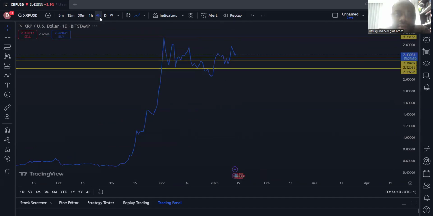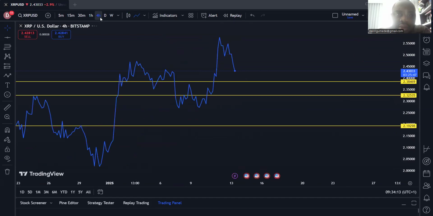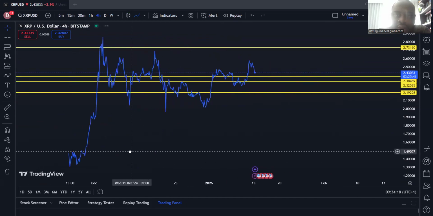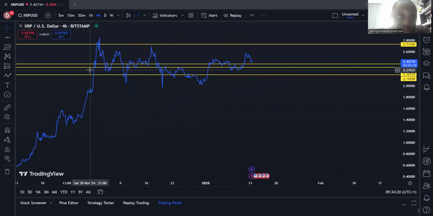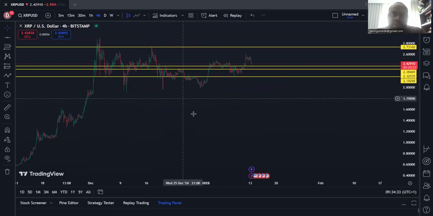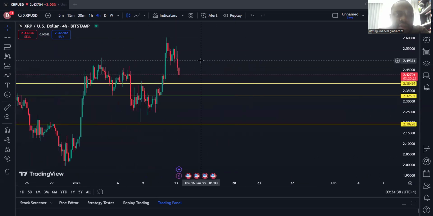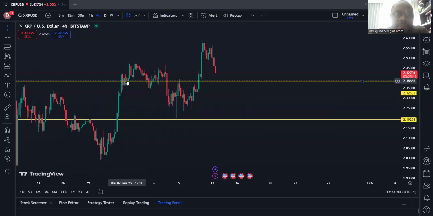Zooming onto 4 hours. I don't think we need to do too much analysis on this one, but just to get a real good clarification, we're about to approach a zone within this area here, which could possibly be respected.